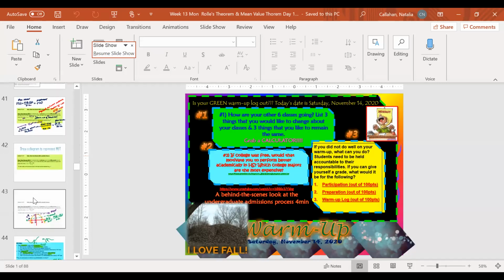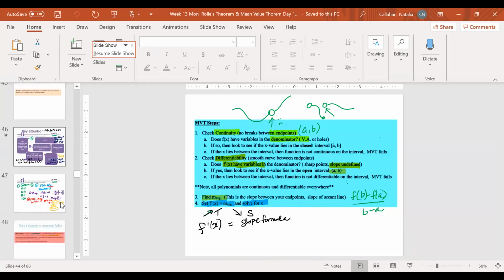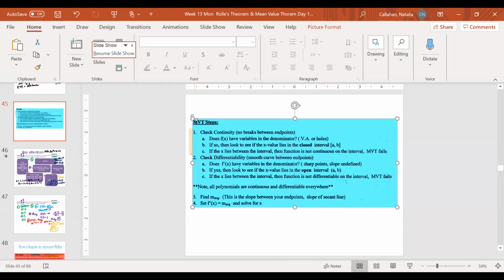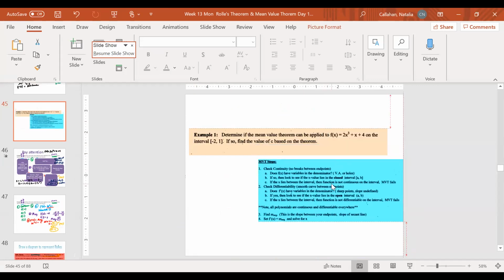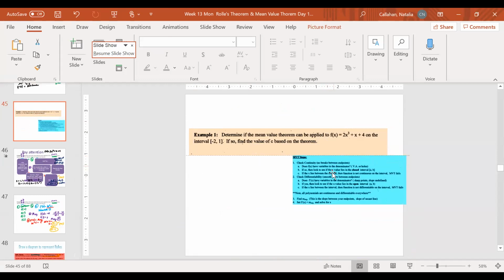It'll be easier if I just move it over here. Looking at this, check the continuity, make sure there's no break between the endpoints. That's the first thing I'm going to do.